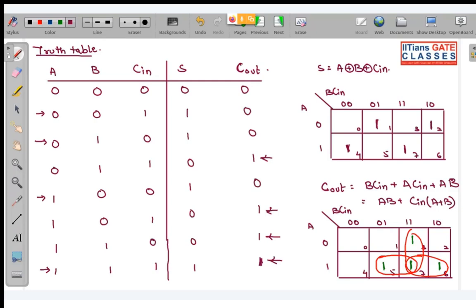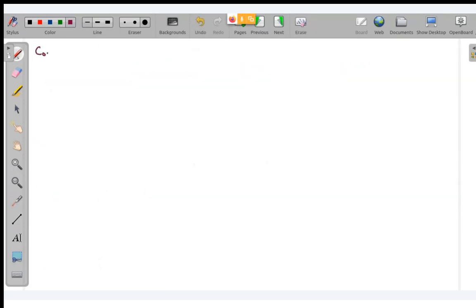Now there is one more way in which I can write this. Okay, for sum this is the expression, but look at carry out, how I am going to write it. So it is 3, 5, 6, 7. Okay, so C out is what? 3, 5, 6, 7.